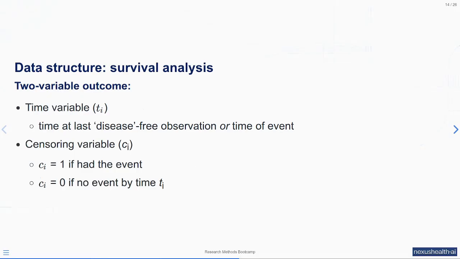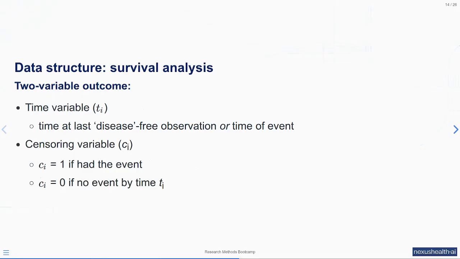It's either the time the event occurred or the time that we last observed the subject if the event did not occur. That could be the last time the person was in the study, the last time before the person dropped out, or the end of the study, right? So it's either time at last disease-free observation or time of event.